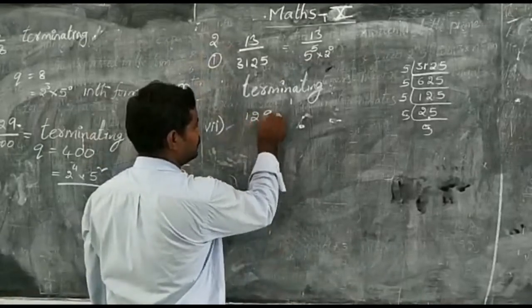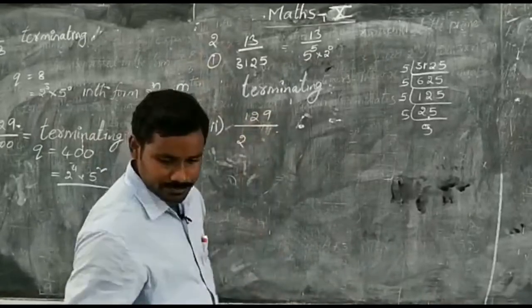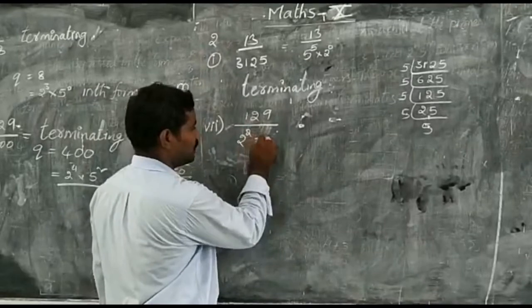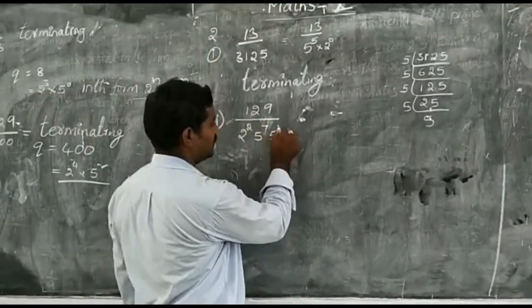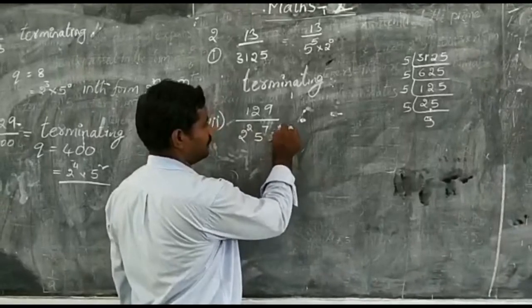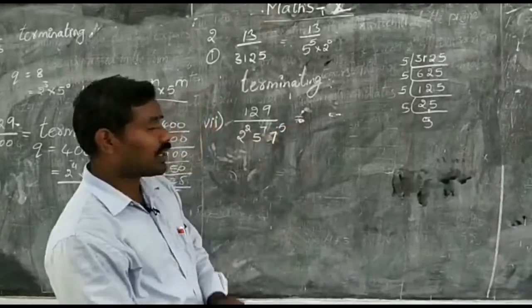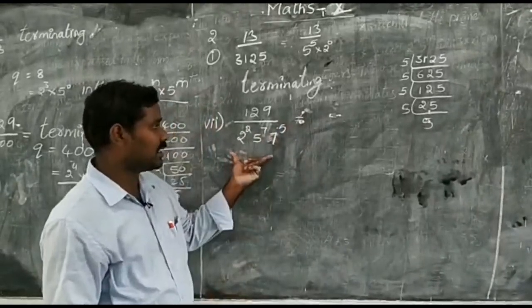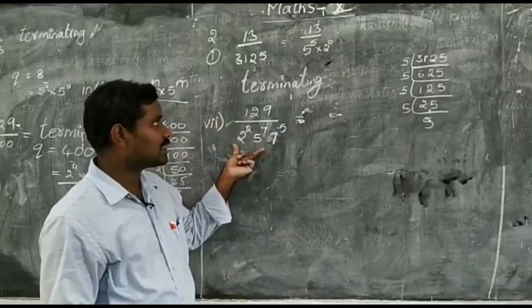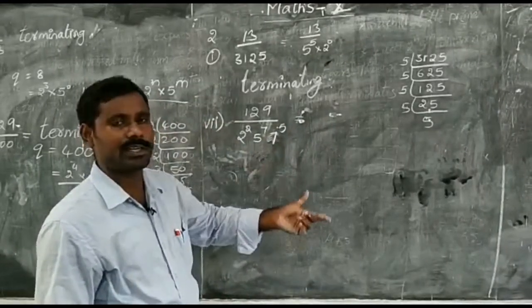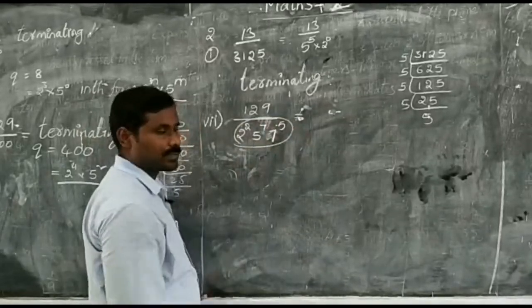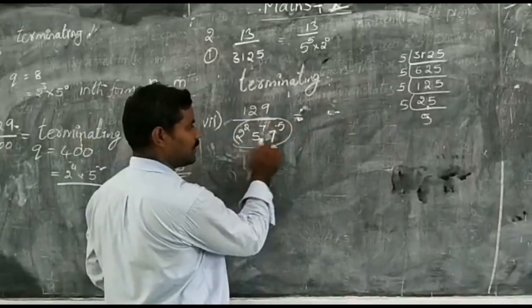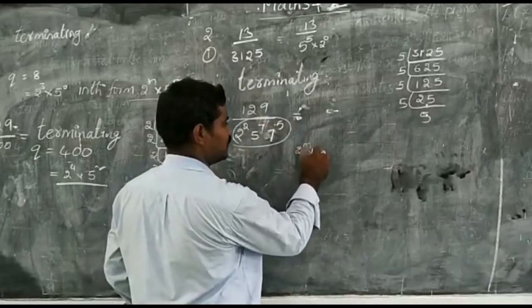129 by 2 power 2, 5 power 7, 7 power 5. Now without doing division, you have to say whether this is terminating or non-terminating repeating. Now I am observing just the denominator. Is it of the form 2 power m into 5 power n?